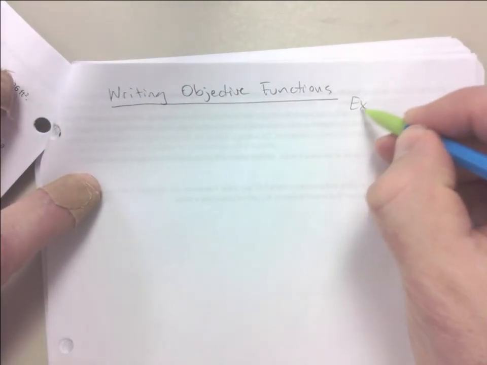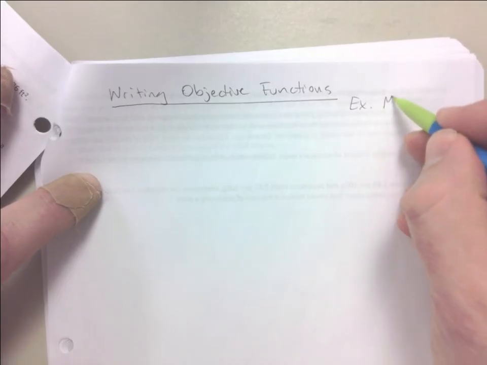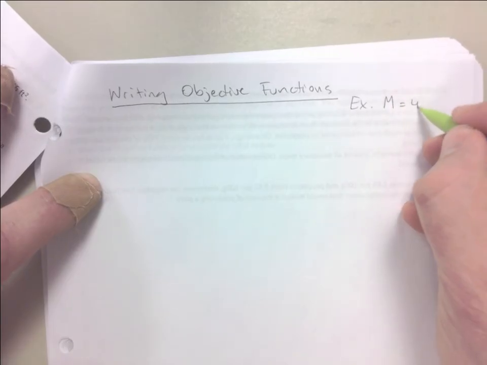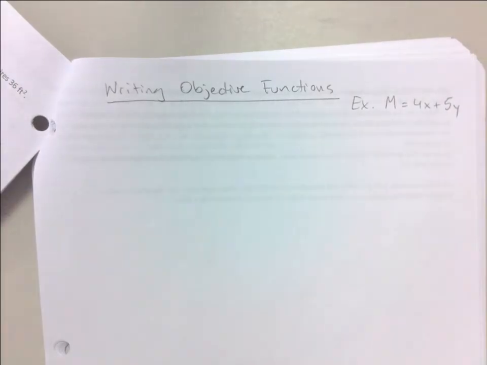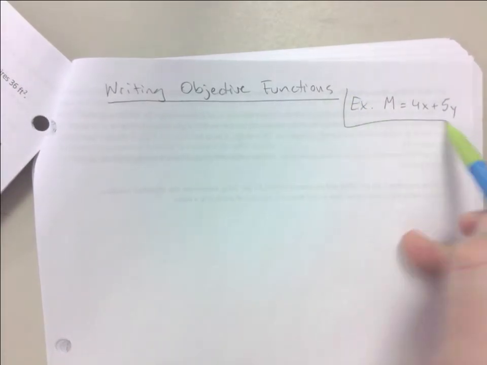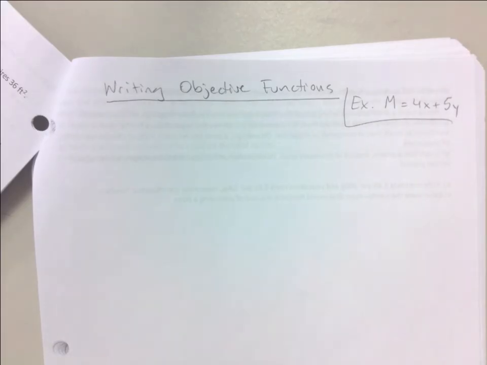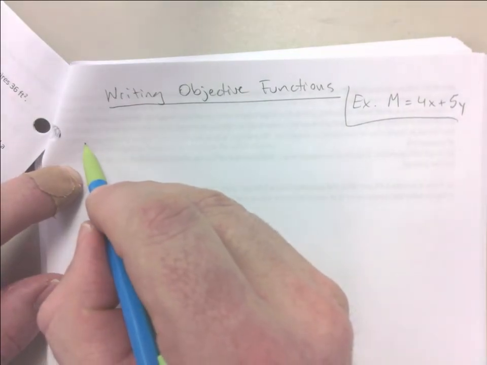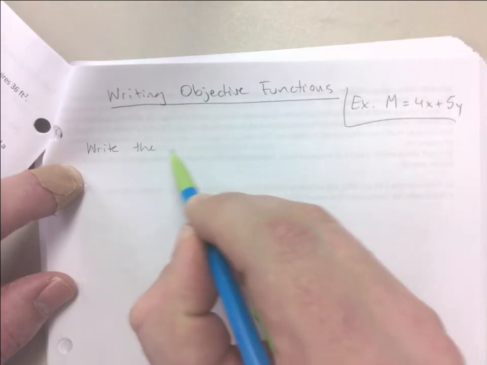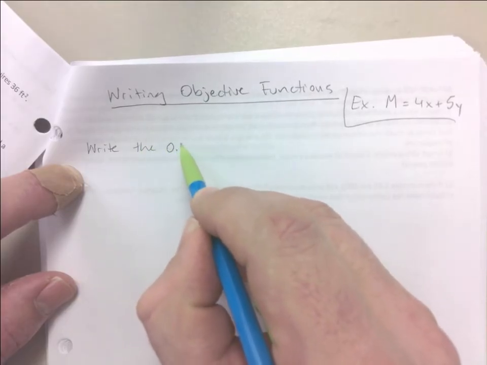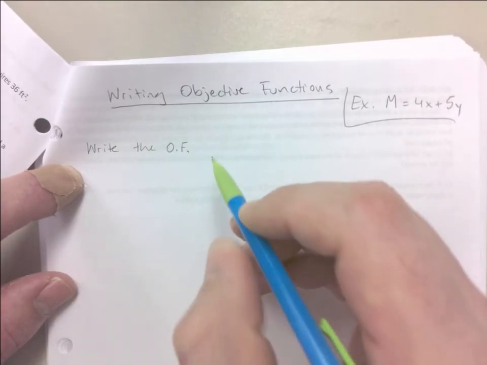It should always look like this. A classic example would be m is equal to 4x plus something y. Okay, that's going to be the classic look of it. So write the objective function. I'm going to call this OF.